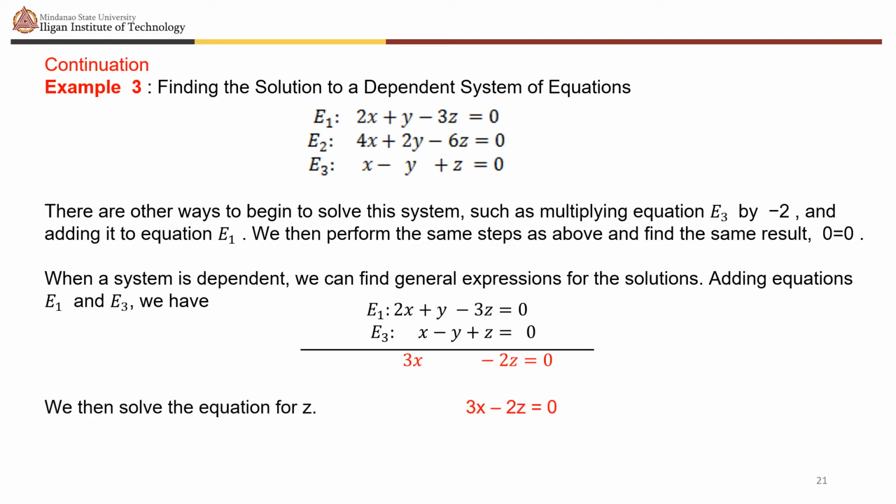Then we can solve for z: 3x minus 2z is equal to 0, which gives us z is equal to 3 over 2 x.